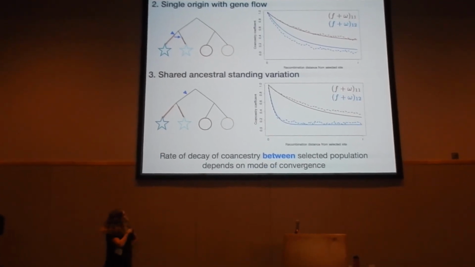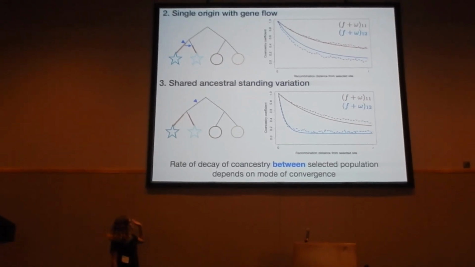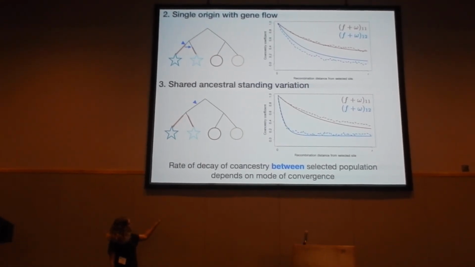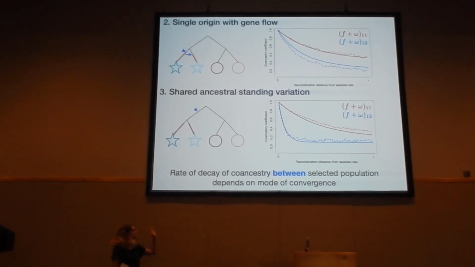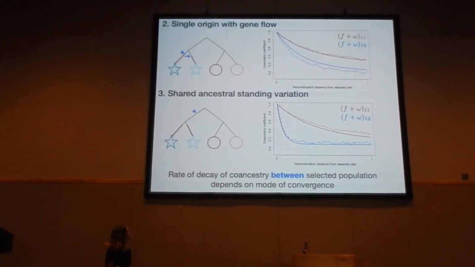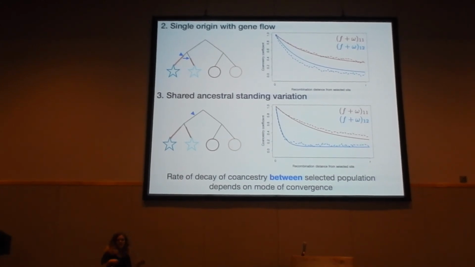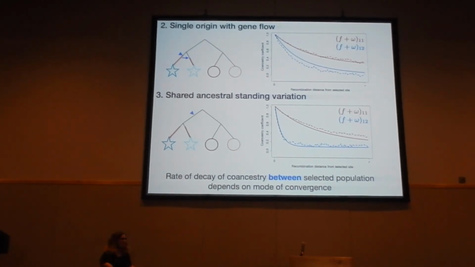And plotting this in the same way as before, what we see now is that there's coancestry between our selected populations that's decaying back down to our neutral expectation with recombination distance away from our selected site. And the rate of these decays depends on our mode of convergence and also some other parameters involved.